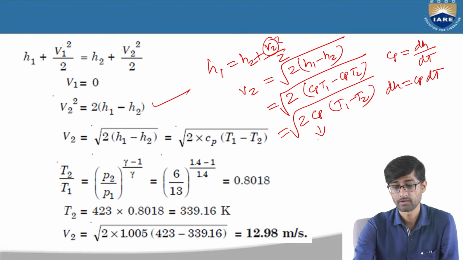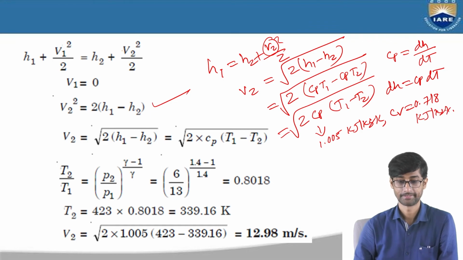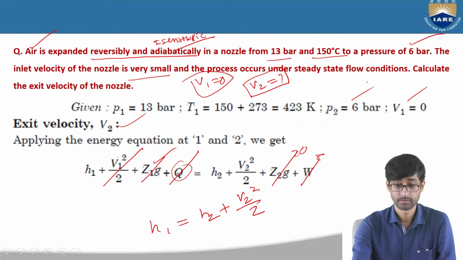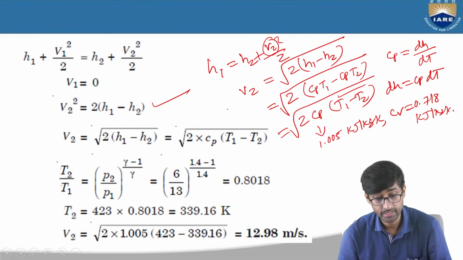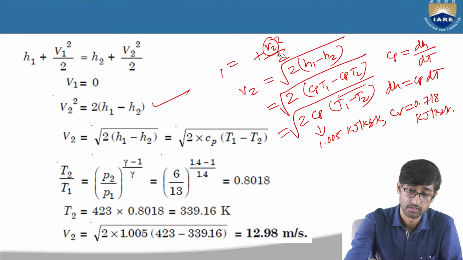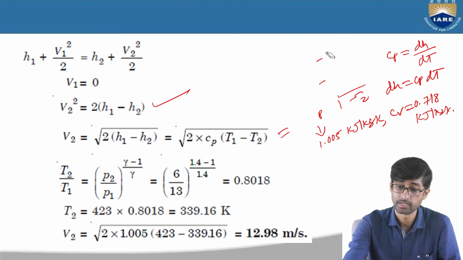Already we know the value of Cp for air. What is the value of Cp for air? 1.005 kilojoule per kg Kelvin. Cv is equal to 0.718 kilojoule per kg Kelvin. Temperature T1 is given in that equation as 150 degrees Celsius. But how to calculate T2? Since we are assuming the ideal gas equations, the flow is isentropic between 1 and 2, right?